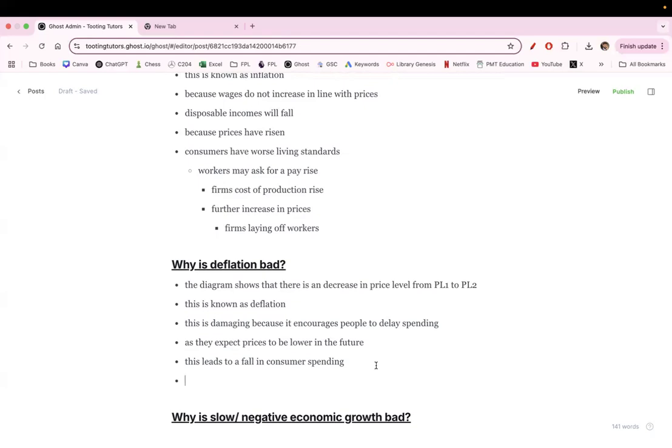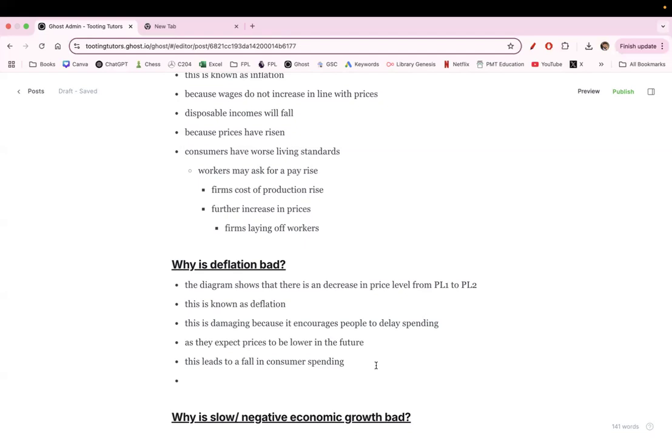People start saving more. What would firms do if there's less consumer spending? Well, just lower prices. Yeah. So further deflation. Actually, that's quite smart.